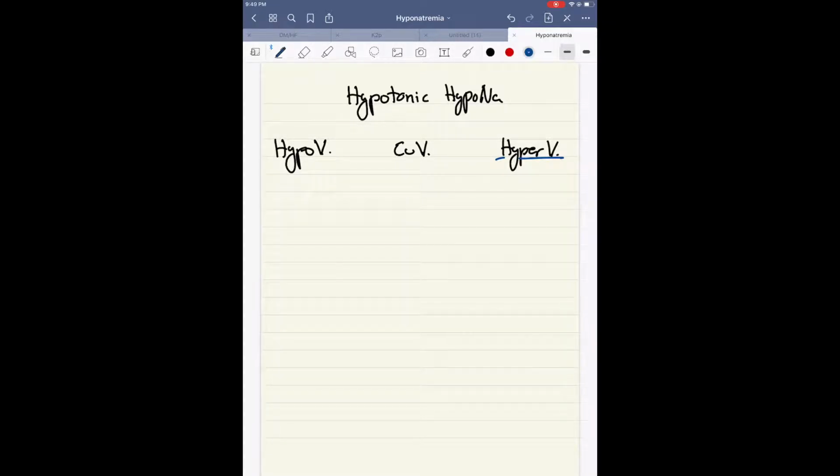The patient says, I've gained 20 pounds in the last week and I don't know why. Hypervolemic causes are going to be things like CHF, and protein-losing states such as cirrhosis, gastrosis, and nephrosis, with CHF and cirrhosis being the more common.